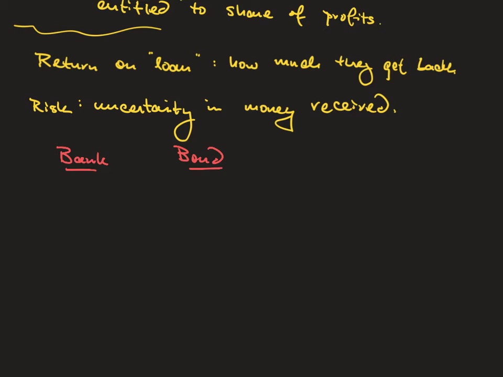You could loan it to a company by buying stock. Bonds: there are two risks associated with purchasing bonds. One is that the company shuts down.